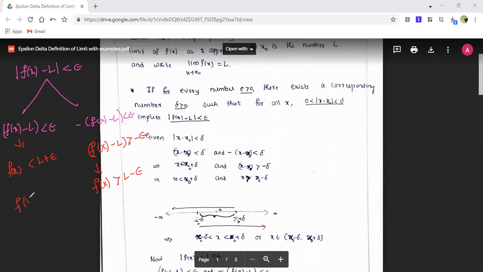So here you have got f of x is less than L plus epsilon, and f of x is greater than L minus epsilon.